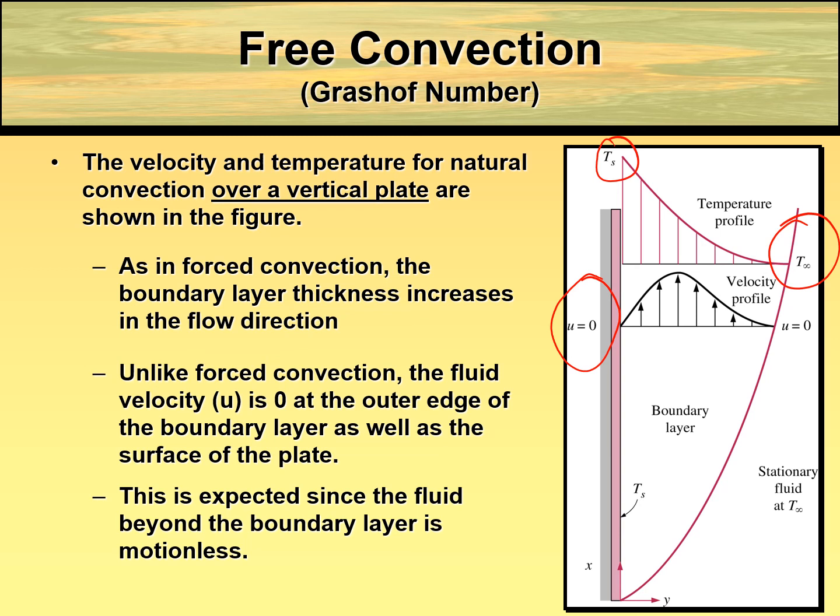As in forced convection, the boundary layer thickness increases in the flow direction, but in here there is some velocity profile developed, whereas at the free stream the velocity is equal to 0, and near the surface the velocity is equal to 0. The velocity profile developed in this region is due to the buoyancy effect.